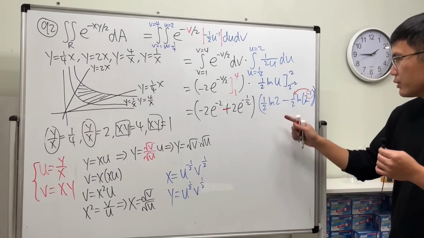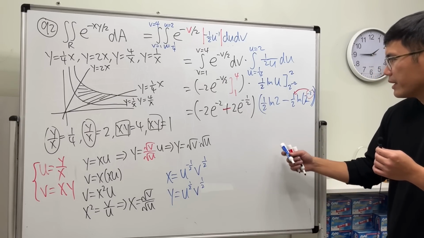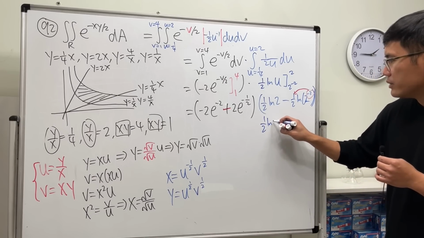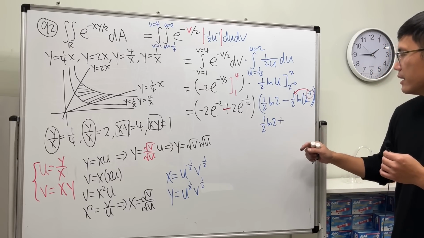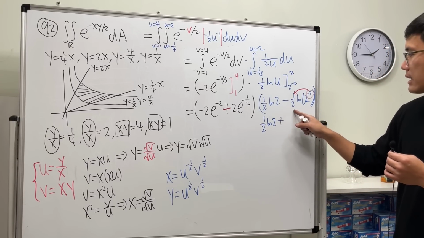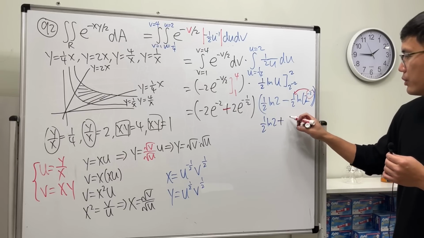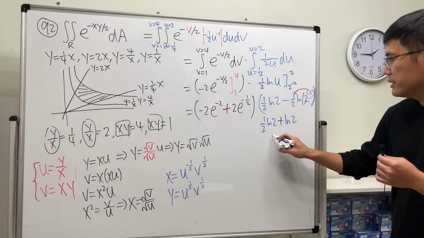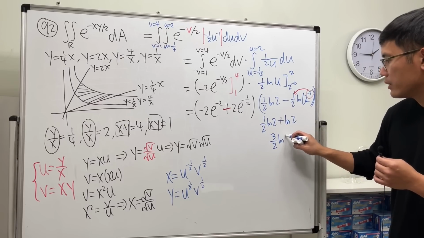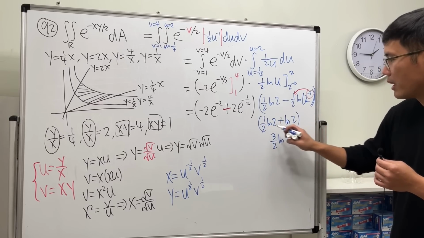And I can do the blue part a little bit more. This is 1/2 ln 2, and the minus becomes plus, and that's gone. And then we have just ln 2, which is 3 over 2 ln 2. So this is the blue part.